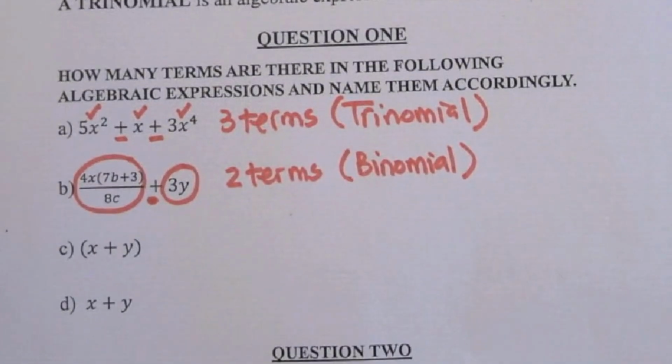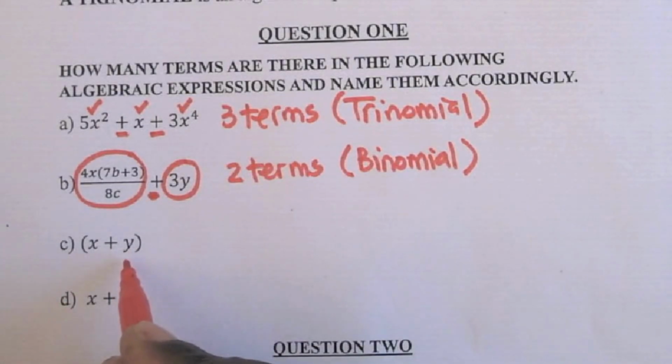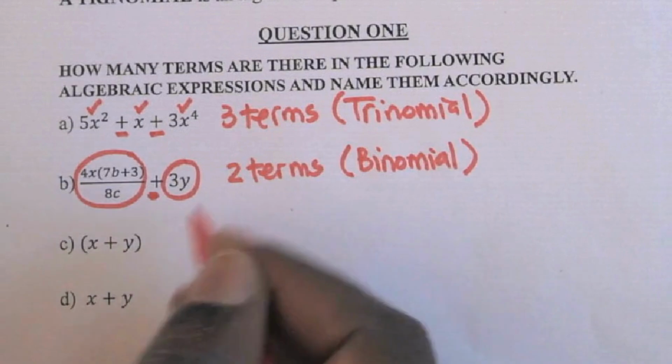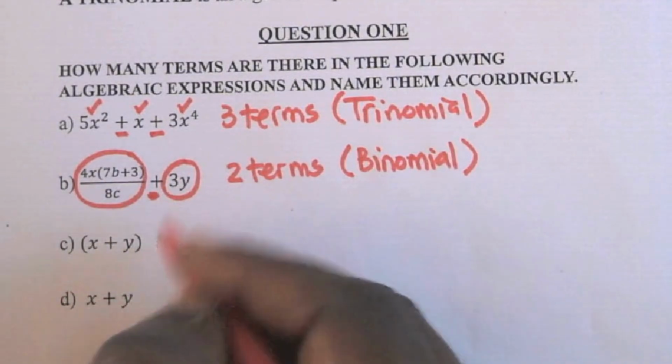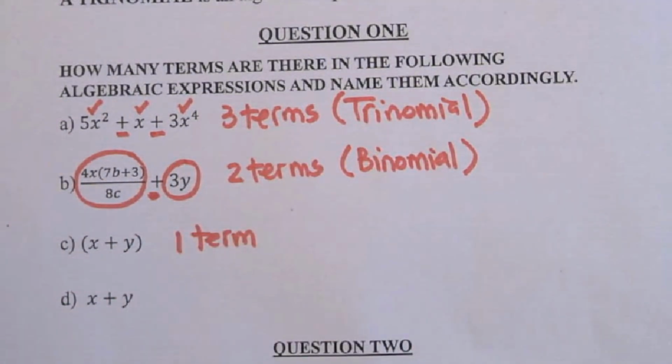If we move on to C, we have brackets. And because we have brackets here, we can just say we have one term, which is called a monomial.